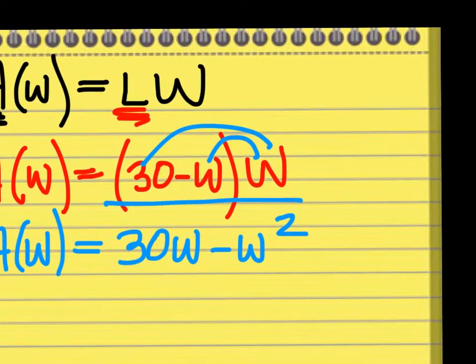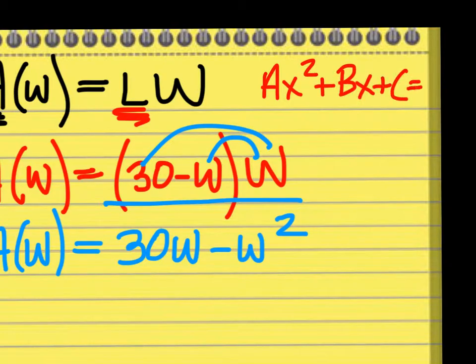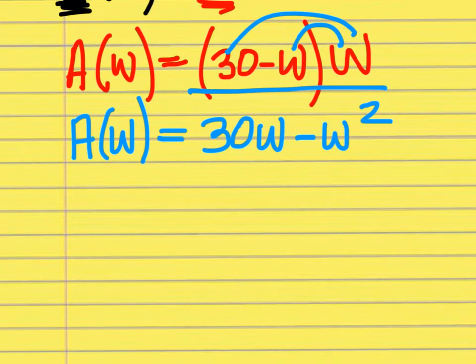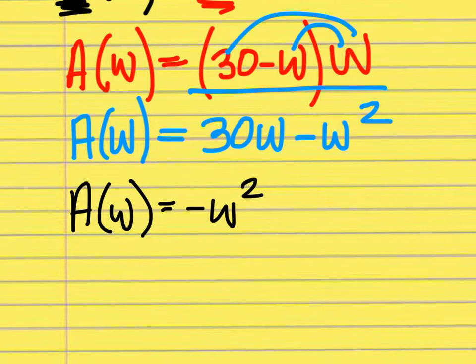Here is the general form of a quadratic equation: A x squared plus bx plus c equals 0. So the term that has the squared with it is usually first. So that's what we need to do to this right now. How about putting this minus w squared first and then plus 30w behind it, so it's easier to work with.